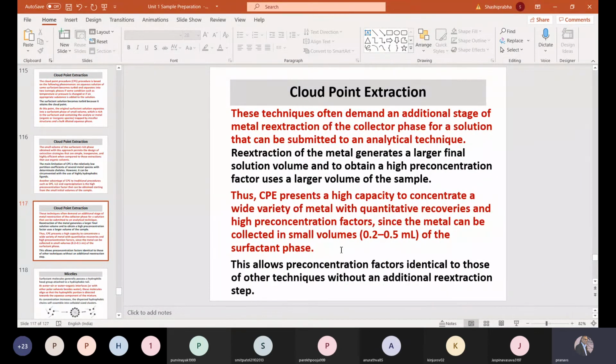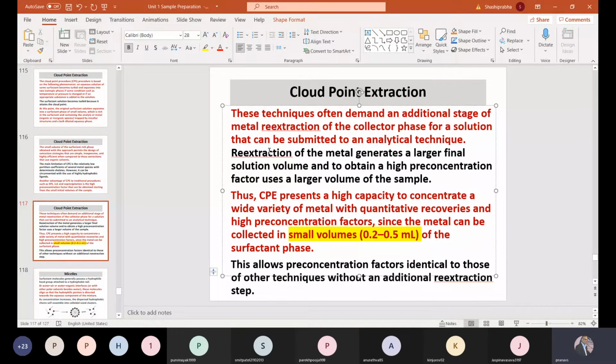And this can be done in as small volumes as 0.2 to 0.5 ml. Now you see, this is the surfactant phase. This is one of the very important aspects when you compare it with other phases in SPE. अगर आपके पास 10 ml कोई सैंपल है तो आप उसको 0.2 ml में ला सकते हो.